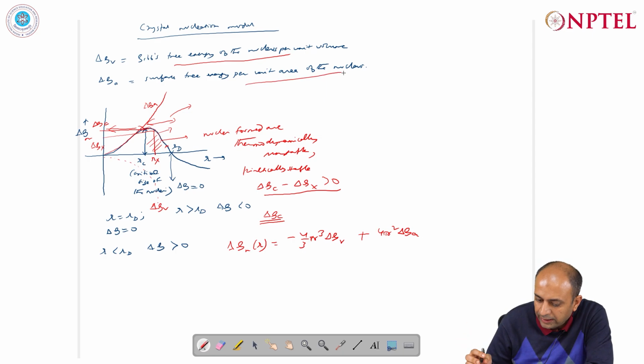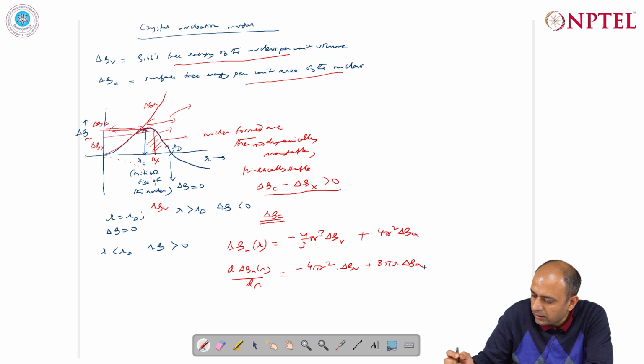And now to get the position of the maxima, we will have to take the first derivative of delta G with respect to R, and that will give you minus 4 pi r square into delta Gv plus 8 pi r delta Ga, and this is then put equal to 0, and from here we get that 4 pi r square delta Gv is equal to 8 pi r delta Ga.